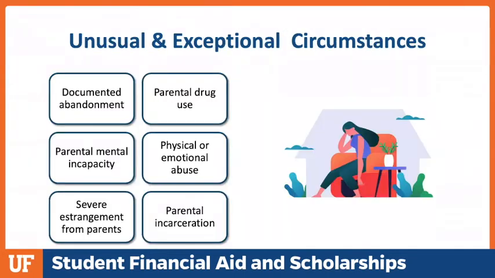So what are some examples of unusual and exceptional circumstances? We have documented abandonment, parental drug use, parental incapacity, physical or emotional abuse, severe estrangement from parents, or parental incarceration.